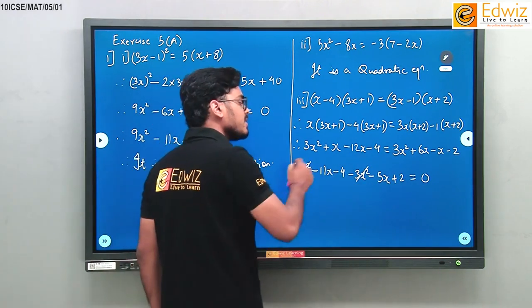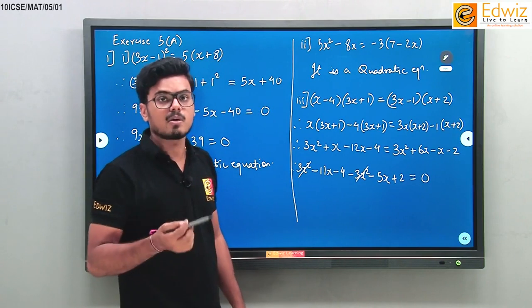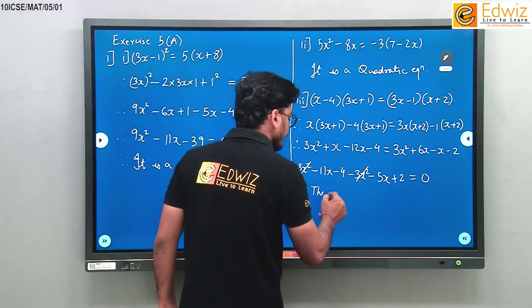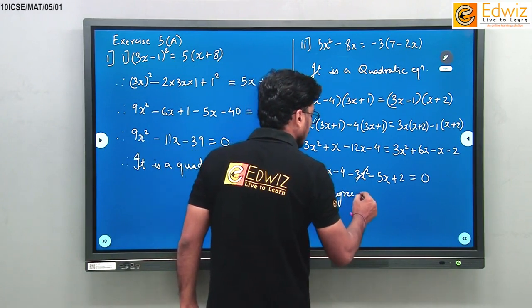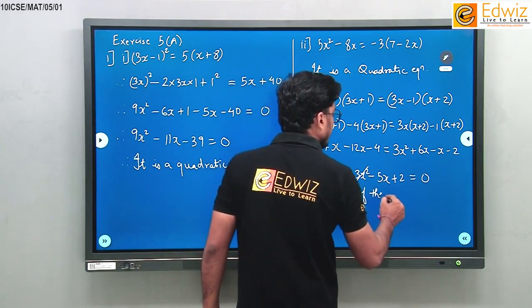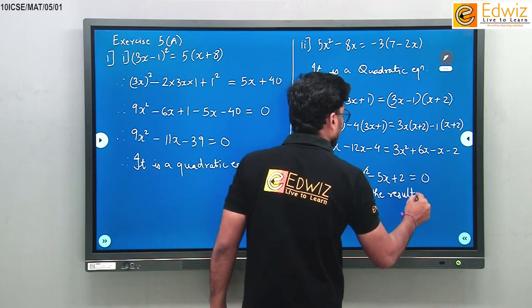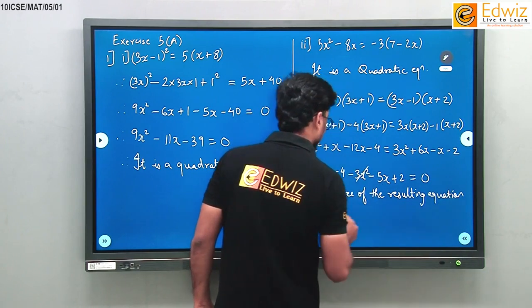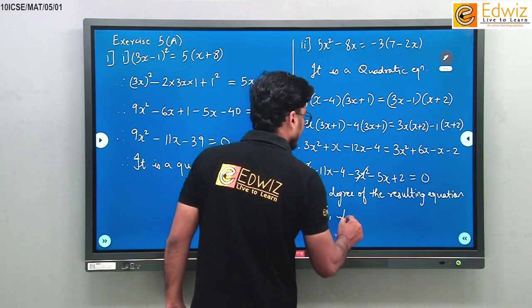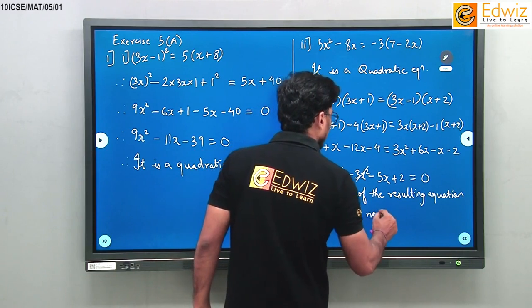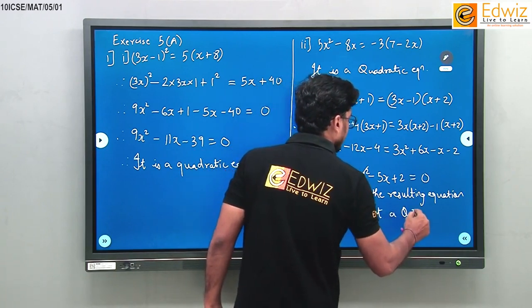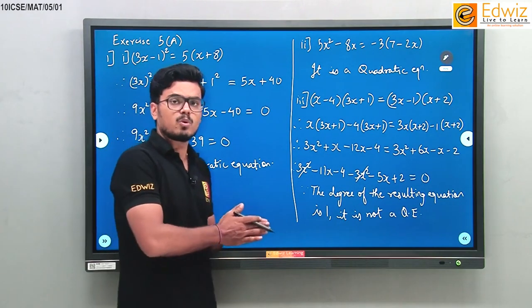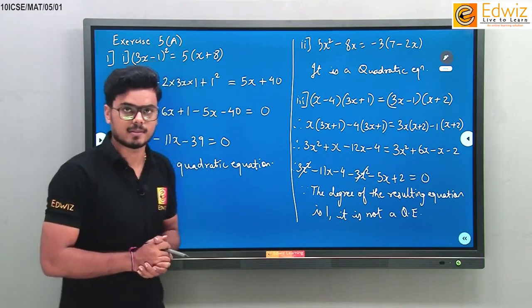Since the degree of the equation is now 1, it is not a quadratic equation. Okay, so that's it then. I'll just give you some time to note this down, then we'll move on to the next question.